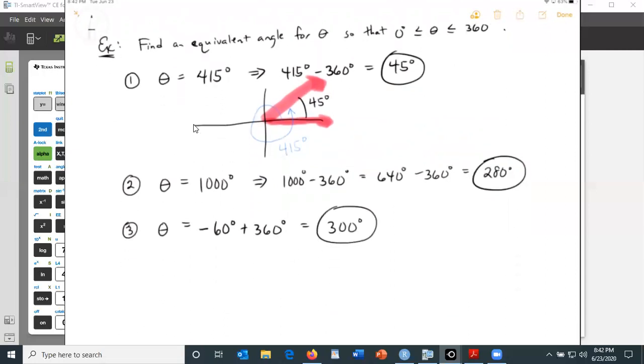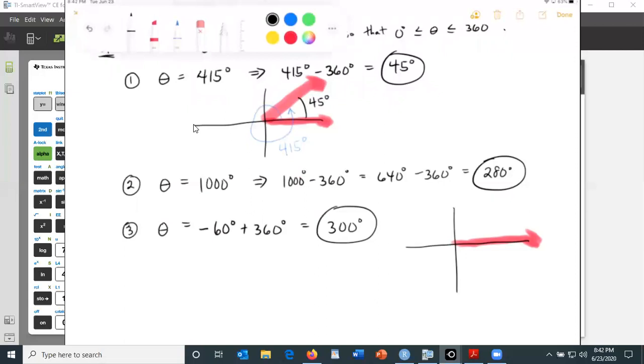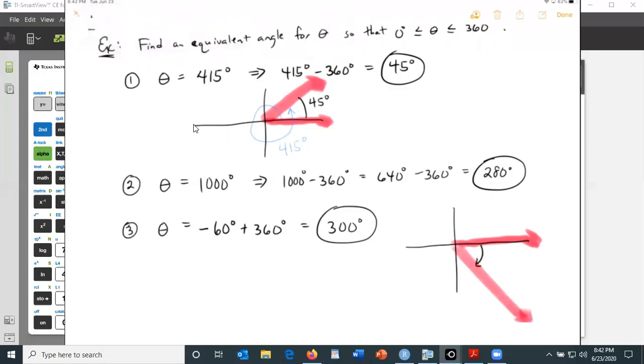Let's sketch this one because it's a very common angle. So I would first draw my starting side. Let's first draw negative 60. So negative 60 would be something like this, right? It's a little more than 45. It's not quite 90. And it's clockwise. So that's rotating down is clockwise, going around like a clock.